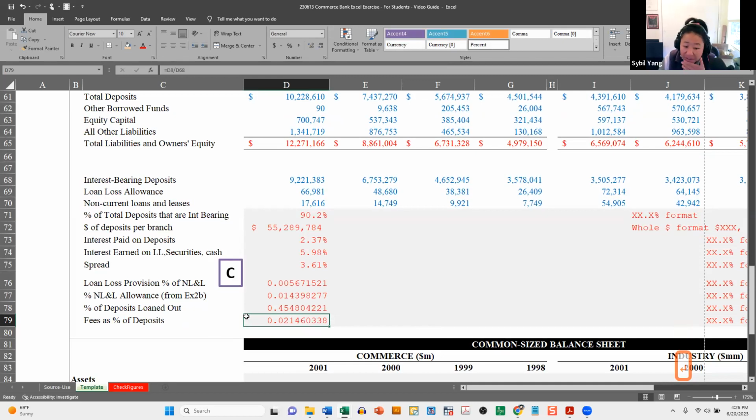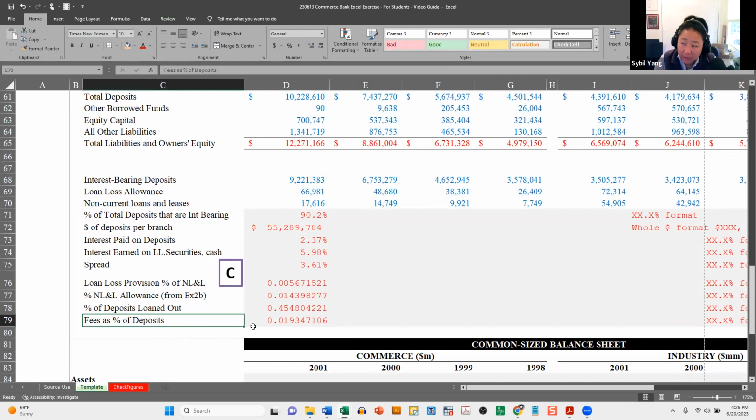This is kind of the fees as a percentage of the deposits that are being held. And again, you can also remain consistent and divide it by the total deposits if you wanted to. Okay. It's up to you. But this number will give you an idea of the fees that they earn off of the deposit base. So like the bounced check fee, the checking account maintenance fee or something like that, those fees.